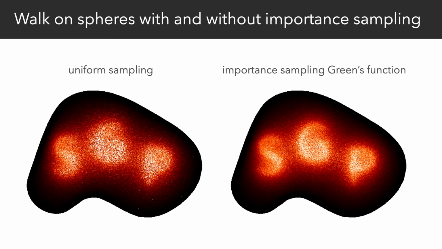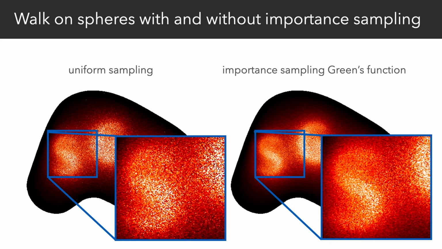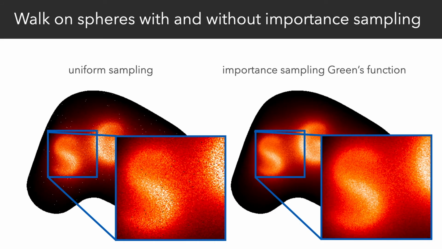If we freeze at 128 samples, we can see that importance sampling leads to a much sharper solution profile. And again, at 1024 samples, we see that importance sampling still outperforms uniform sampling, and that uniform sampling actually begins to exhibit artifacts or fireflies due to how poorly it concentrates samples in regions where the Green's function is large.